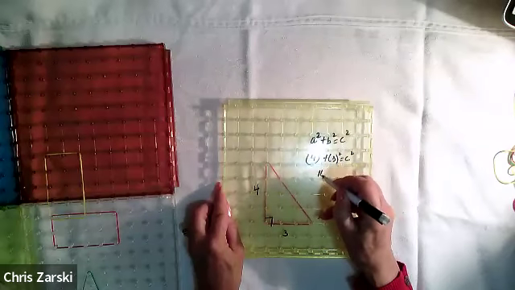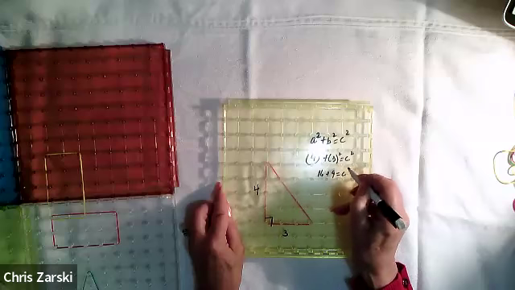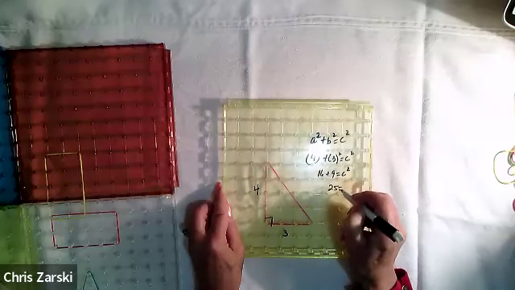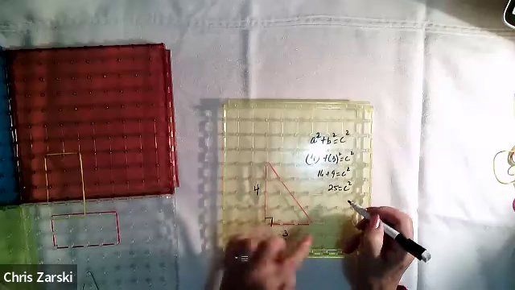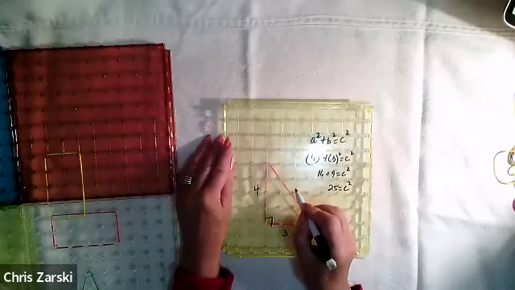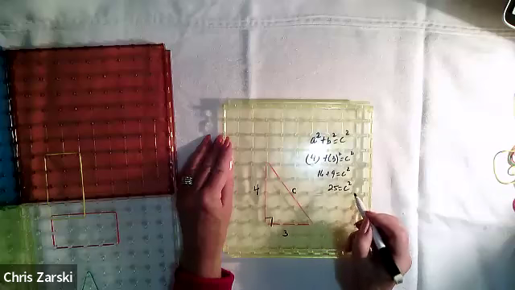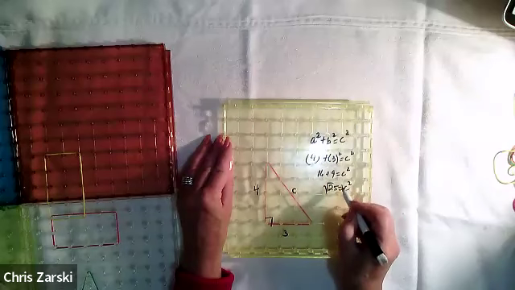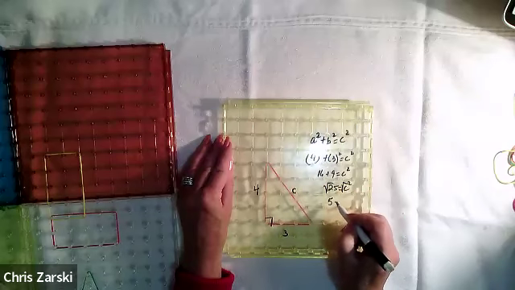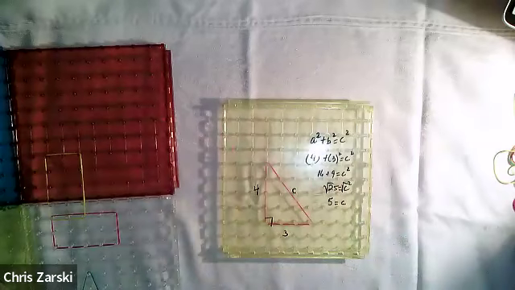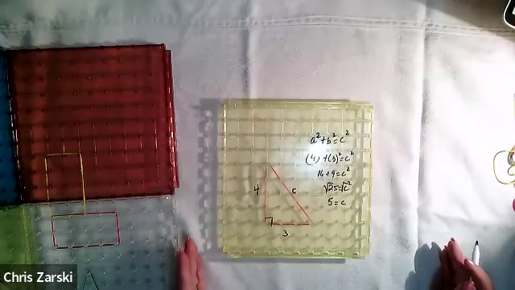So I'm going to get, in this case, 9 plus 16 is 25. And I want to know what the value of C is, which is over here, my hypotenuse. So I'm going to just take the square root of both sides, and I end up with 5 is equal to C. So they can use this, you wipe it off and go again.